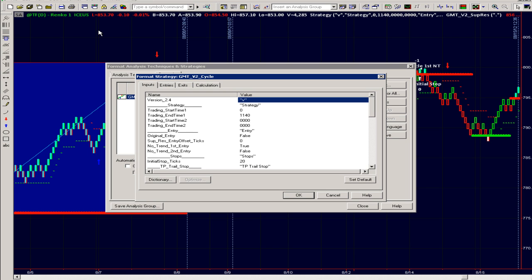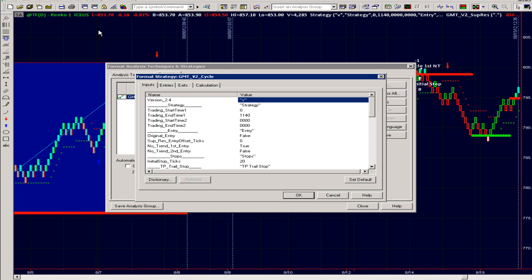If I turn this to a really tight brick size, say this is on a 1, but if I had a 0.2 or a 0.5 or something really small, and I was running this during a volatile period, that would be just a recipe for disaster. So you've got to know your market, know your market profile, know your brick size or the size of your trades that you're working with as far as your strategy, and then have the appropriate stop as well.